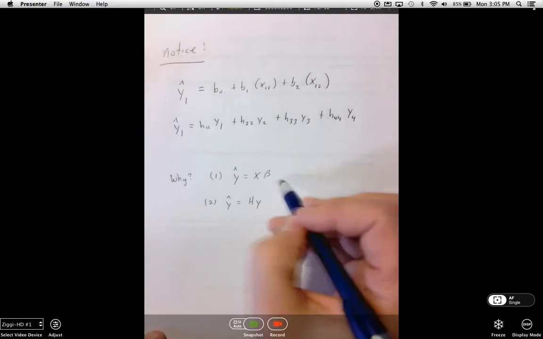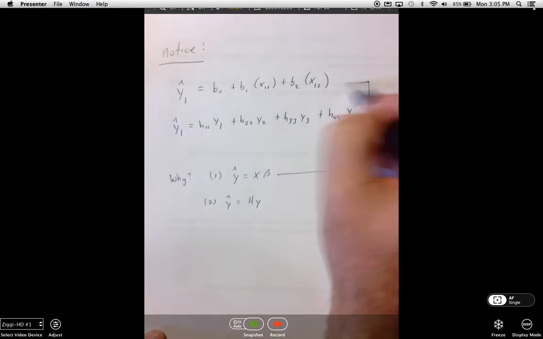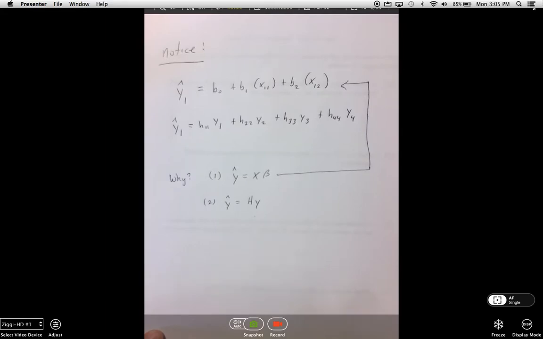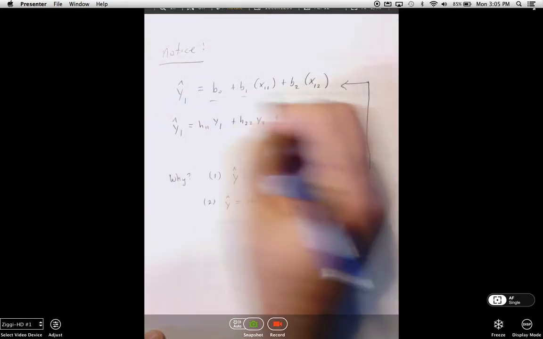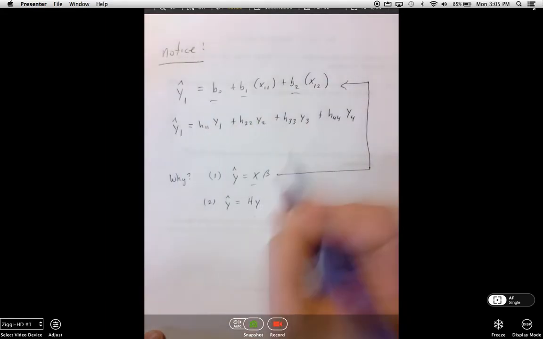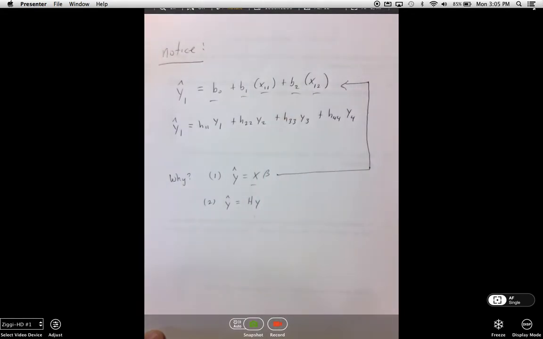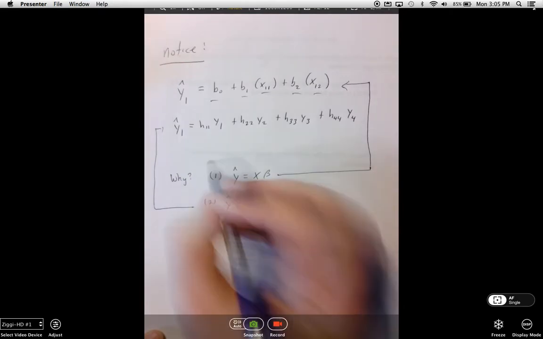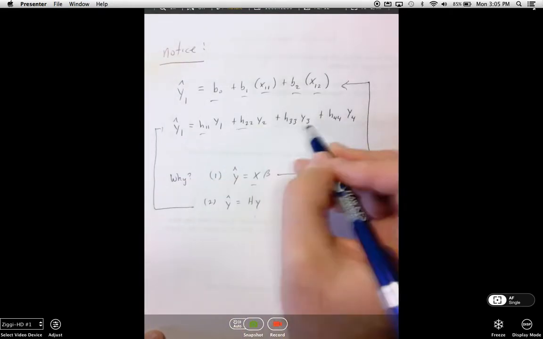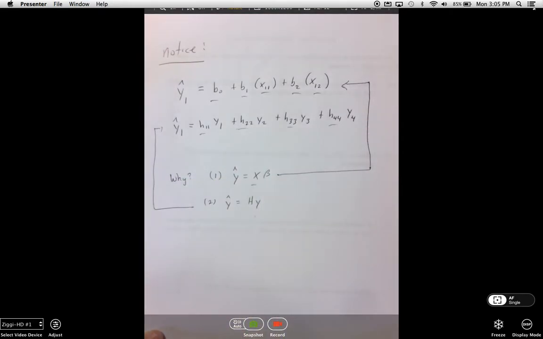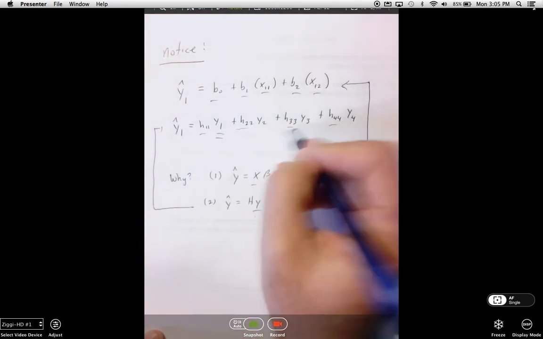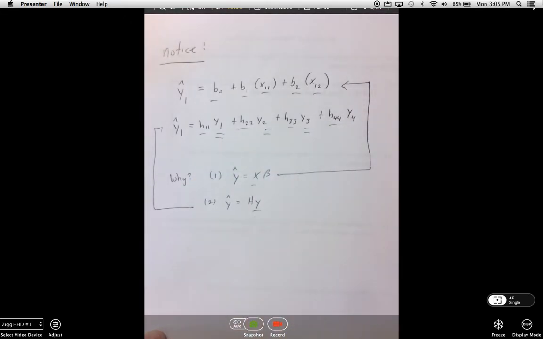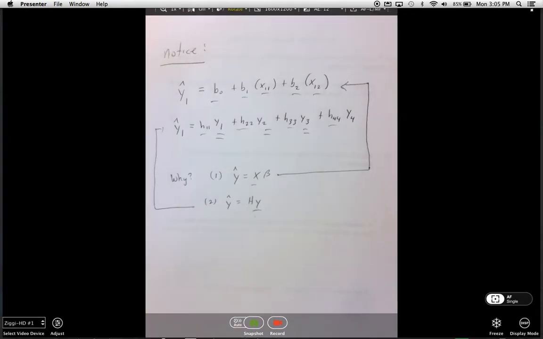You can see that up here, we've done exactly that. We've taken our betas and multiplied them times our x's. And in this case right here, we've taken the diagonals on the hat matrix times our y values. So kind of cool, I think.